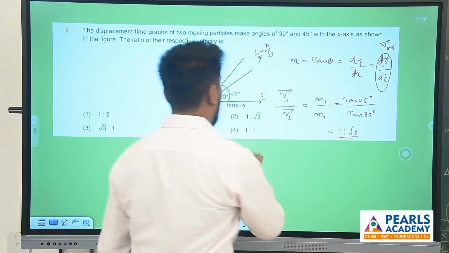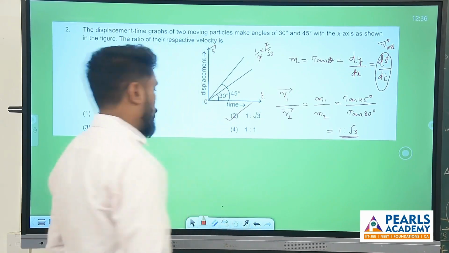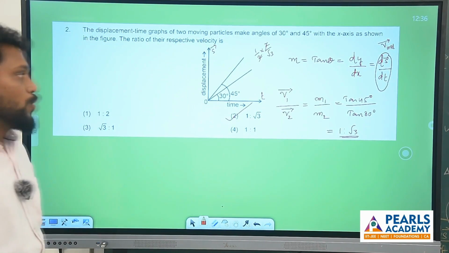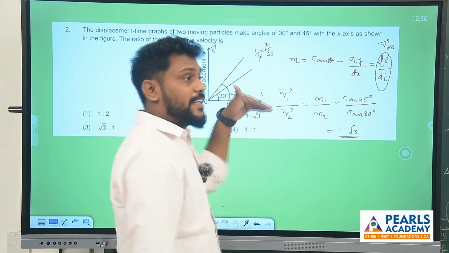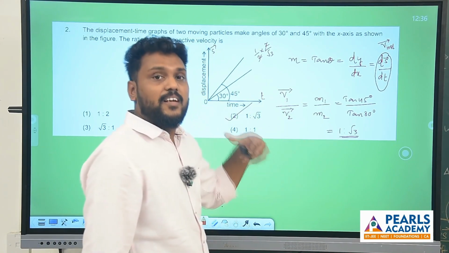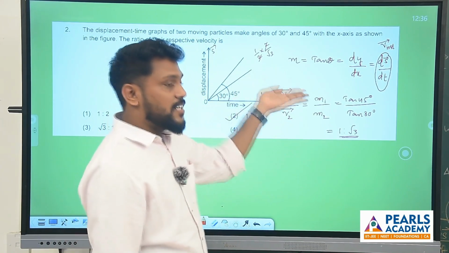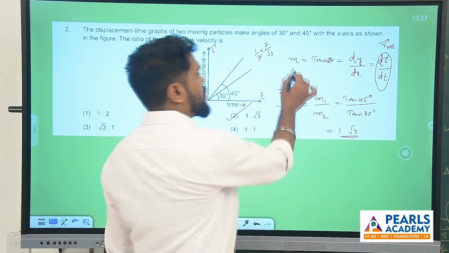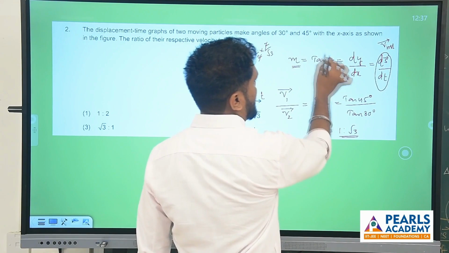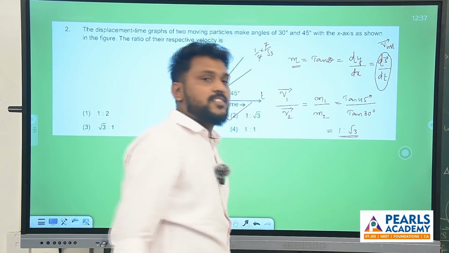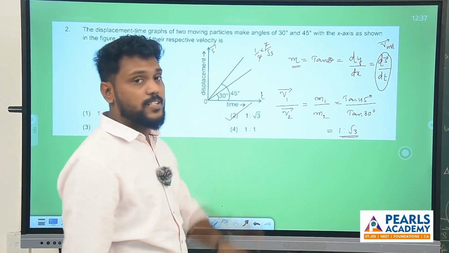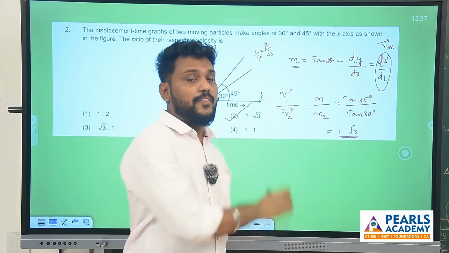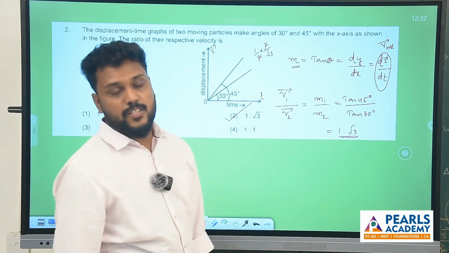So the correct answer is 1 is to root 3. When the slope or the graphical expression is given for instantaneous velocity or instantaneous acceleration, remember always that the slope of that graph, which is tan theta, is nothing but the instantaneous velocity if it is S versus T, and instantaneous acceleration if it is V versus T.